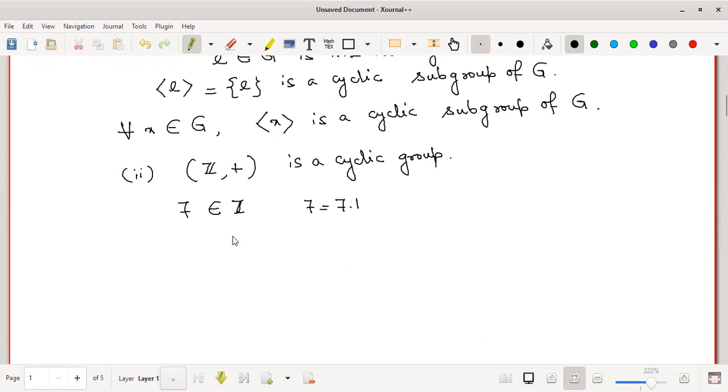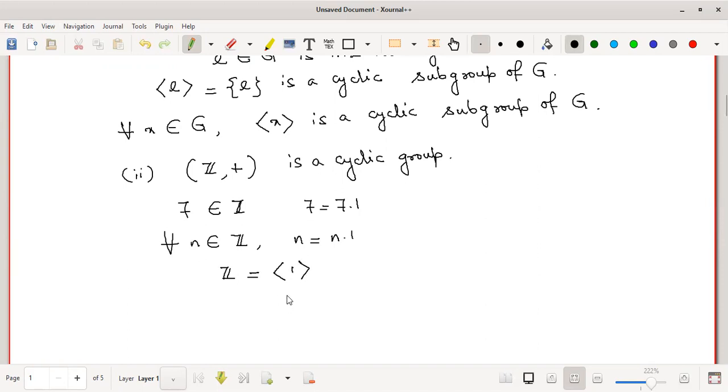So any integer, actually there is nothing special about 7. For every n belongs to Z, I can write n equal to n into 1, and therefore your Z plus is a cyclic group which is generated by 1.